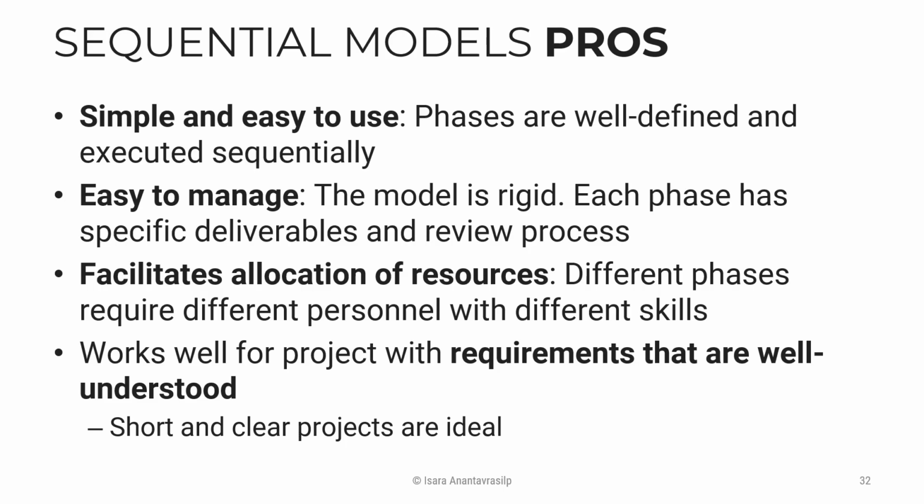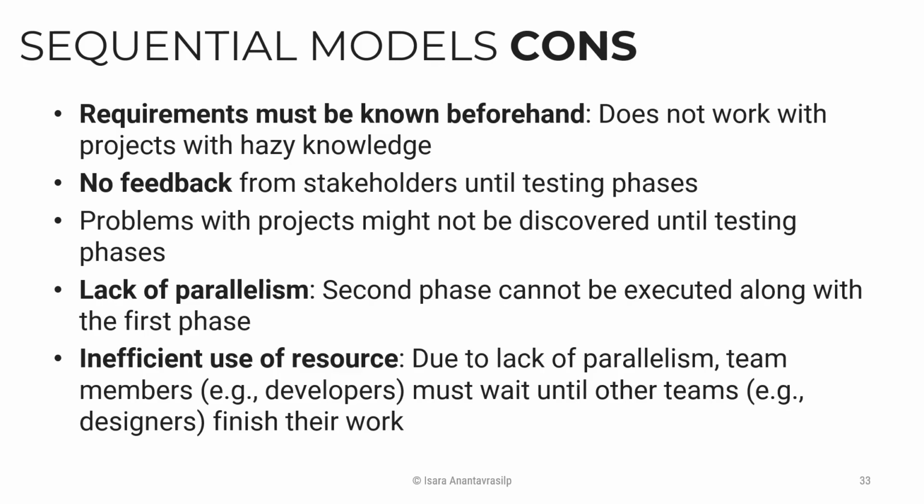Why don't you let them work at the same time? Developers don't have to wait until the SAs finish their work. The testers also don't have to wait until the developers finish their work, right? You can make them work together at the same time. And if you follow sequential models, it would be difficult to work in parallel.